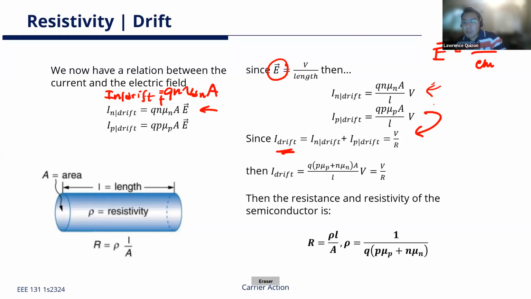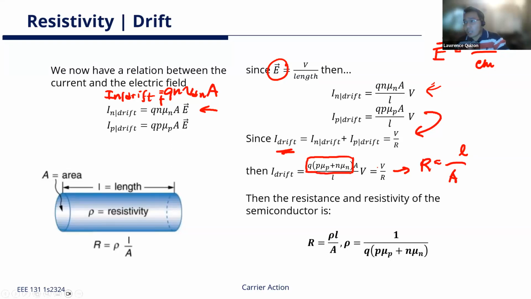Then we replace the total current, which is I_N plus I_P, the current due to holes and the current due to electrons, adding those together to get the total current, and we relate that to the resistance, no? So we solve for the resistance here. The resistance here would be L over A times this thing, no?